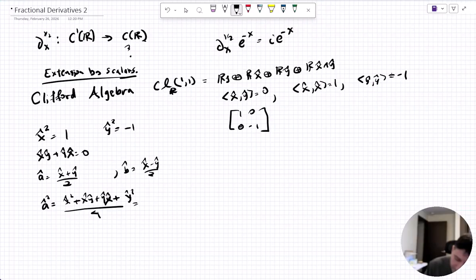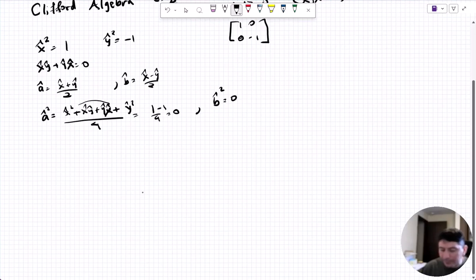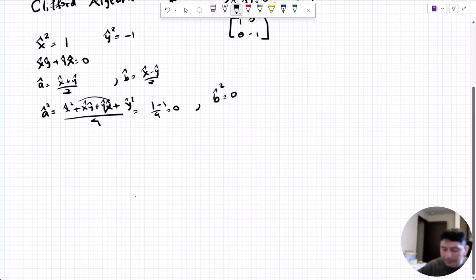This part is 0, so it equals 1 minus 1 over 4, which is equal to 0. Similarly, B squared is going to be equal to 0 as well. However, there's a nice property here, and the property is the following.